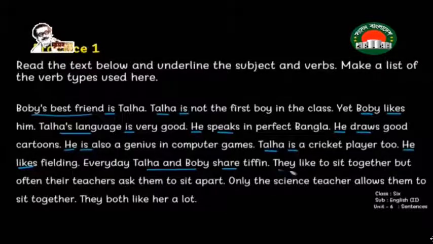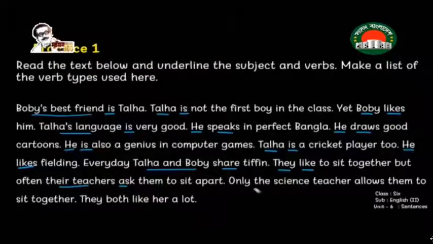They like to sit together. Okay, they is here the subject and like here is a transitive verb. Like what? They like to sit. But often their teachers ask them. So their teachers is the subject and ask here is a transitive verb. Okay, only the science teacher allows them.